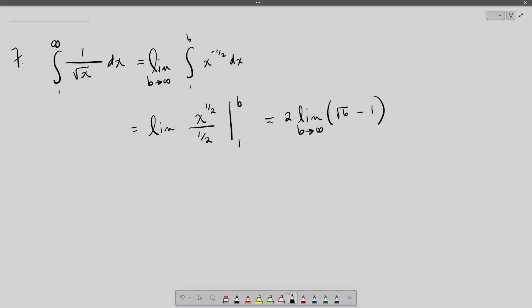And what is that limit? Infinity. The square root of x goes to infinity. If you subtract 1, you're still going to infinity. Multiply by 2, we're still going to infinity. So this tells us that the area is infinite.